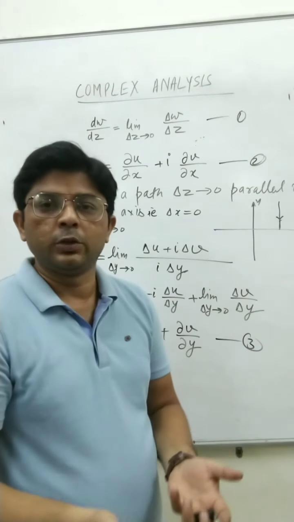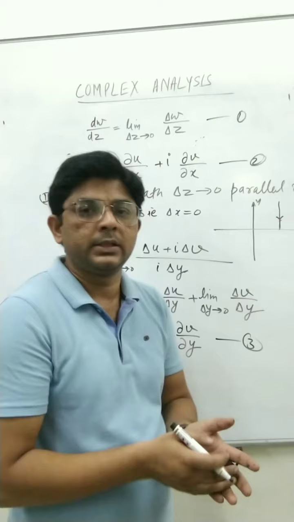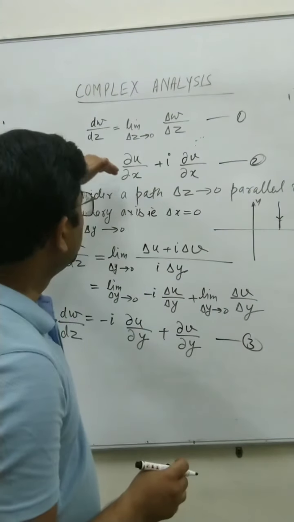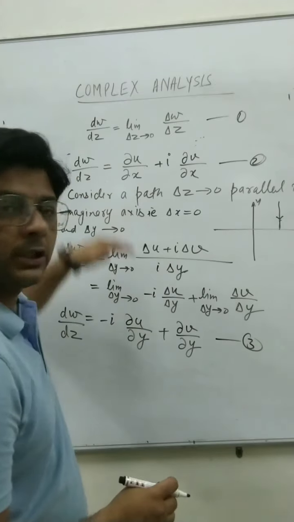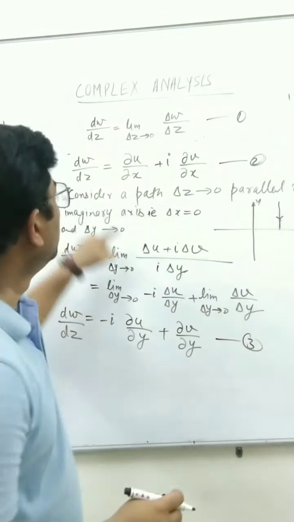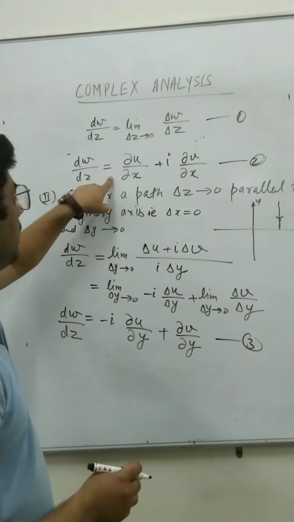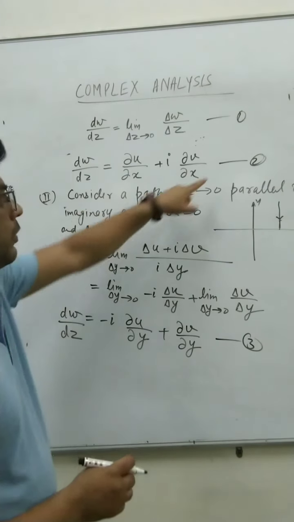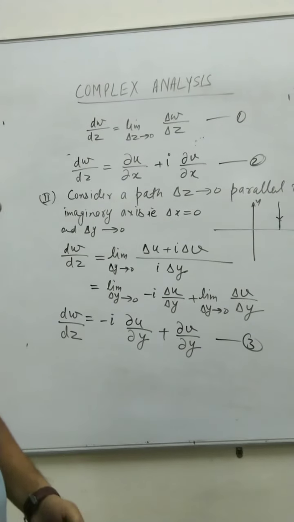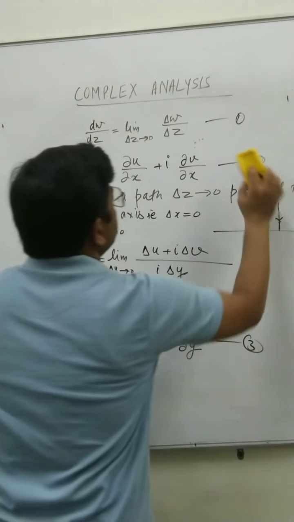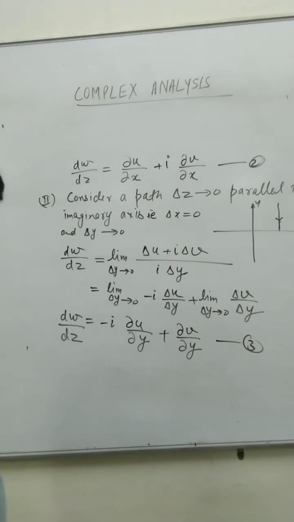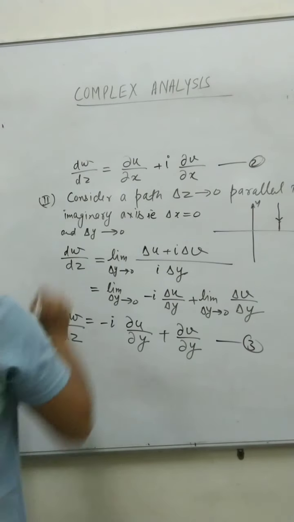So for a function to be differentiable, that limit should exist, and for a limit to exist, the value of the limit from these different directions should be the same. It means this value of dw upon dz and this value of dw upon dz both should be the same. So from equation 2 and 3, we will equate these two equations.